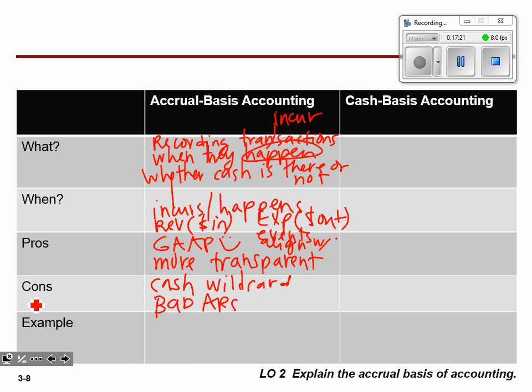My example, we'll put down my haircut thing. So if the fiscal and the calendar year are the same, on December 31st, on the way to the New Year's Eve party, someone stops and gets a quick haircut.